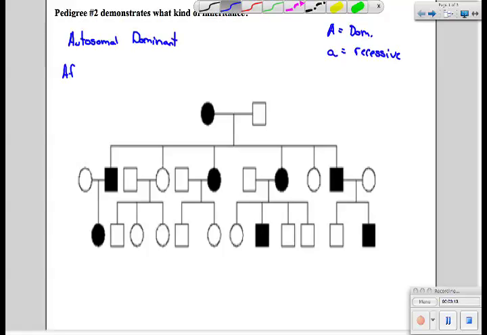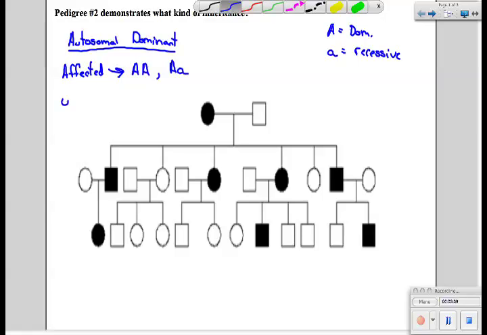So, an affected individual, what are their potential genotypes? Remember that you're affected if you have the dominant trait. There are two ways that you can have the dominant trait. You could be homozygous for the dominant trait, or you could be heterozygous for the dominant trait, and both would show up.